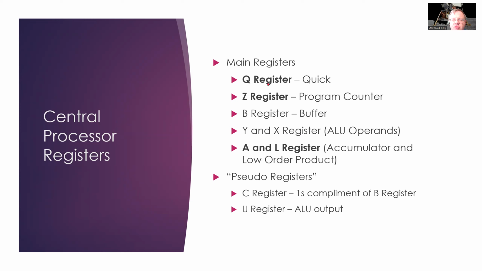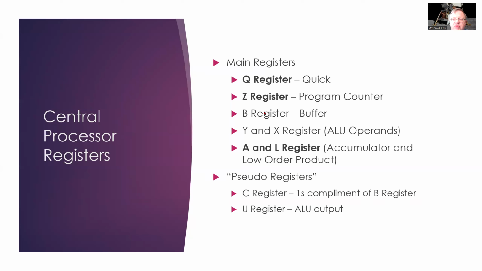A couple of these I've highlighted in bold, and these are registers that are also called direct addressable registers. So I'll talk a little bit about what makes these registers different.